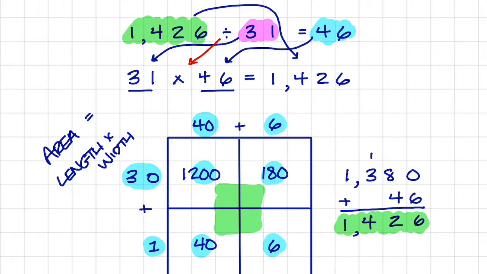I know that I've got a video on the YouTube channel on how to use the area model to solve division. Personally speaking, I do not love that. I prefer to take the division equation, convert it into multiplication, and then illustrate the multiplication.